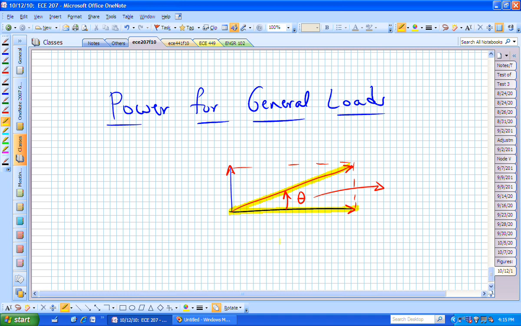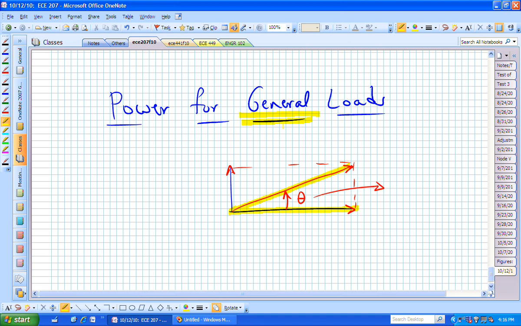We can't just charge you for the real part. You're actually asking for more than what we can maybe measure for real power, but they can measure all of this. They can measure the complex power, and now that's what I want to talk about for what we'll call general loads, which are made up of resistors, inductors, and capacitors all thrown into the mix.